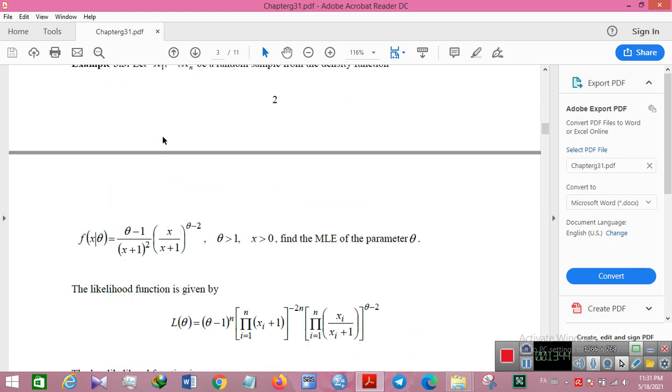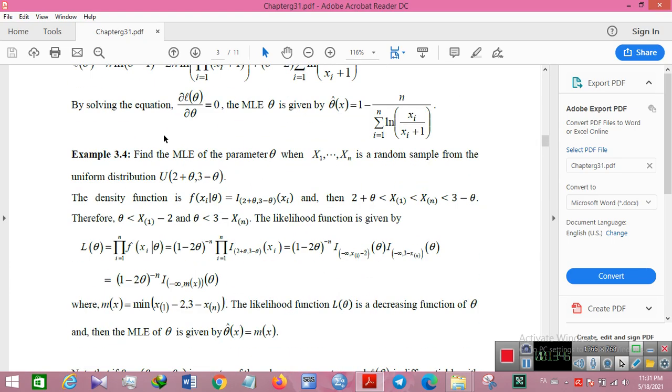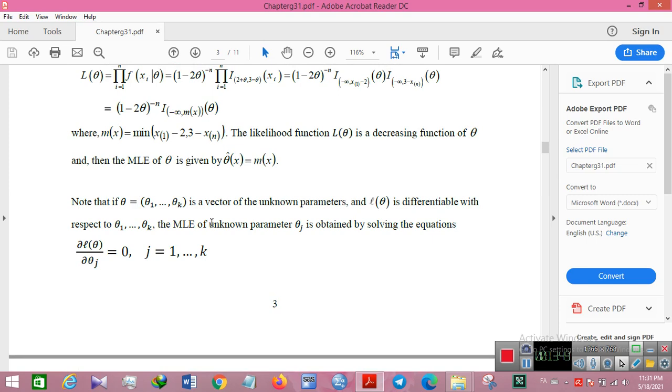So in the case where theta 1 to theta k is a vector, not only one value, we can look for the solution of this equation.